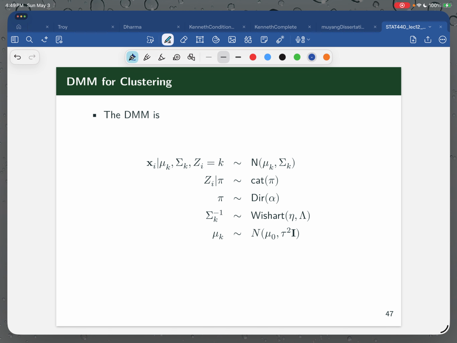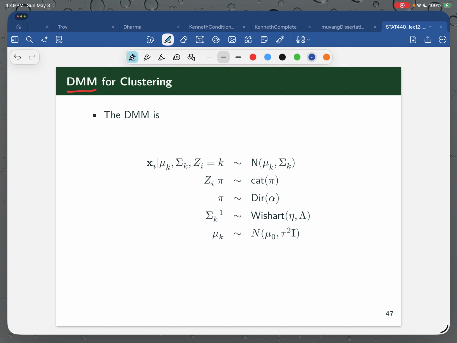What we want to do is talk about our Dirichlet mixture model. The Dirichlet mixture model looks a lot like our mixture model for density estimation.